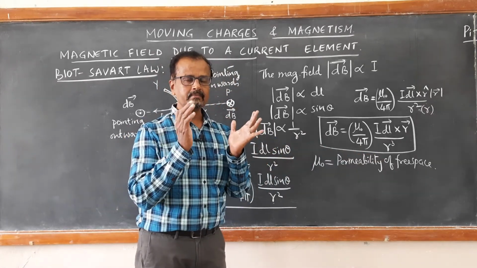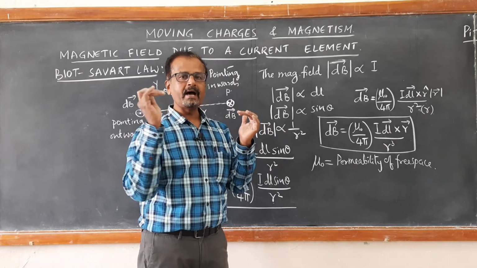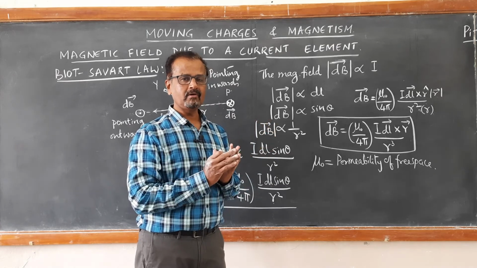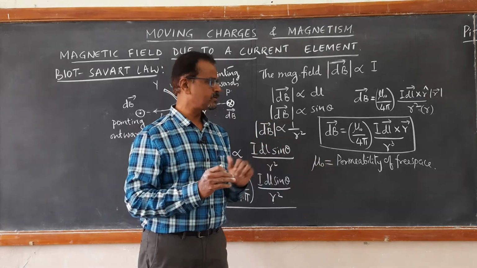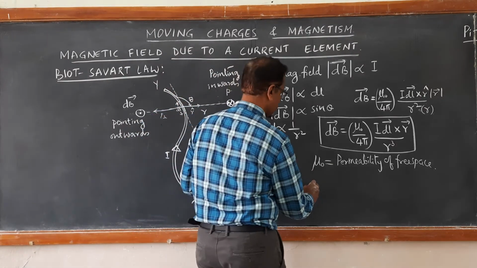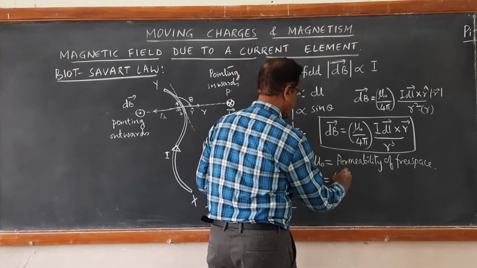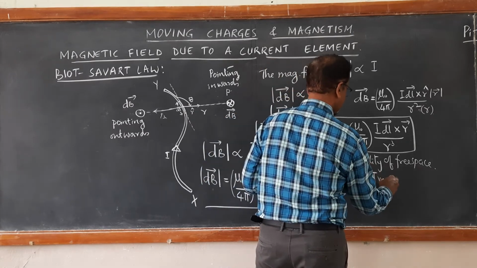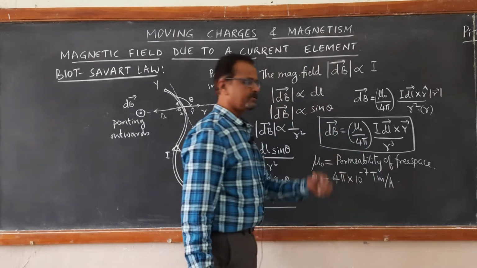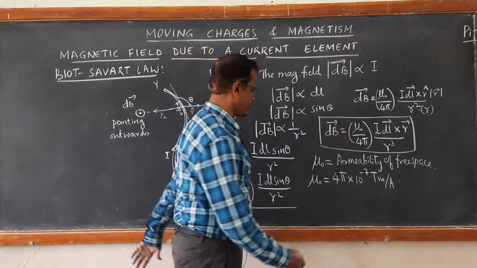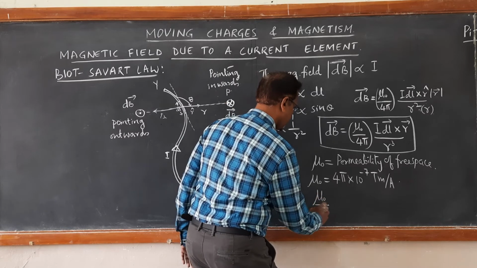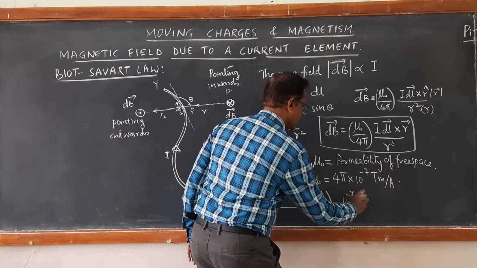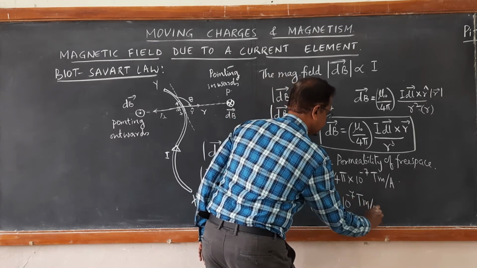How much that medium permits the magnetic field lines, that is what we call the permeability of the medium, and in this case permeability of free space. And this value is given by 4 pi into 10 to the power of minus 7 Tesla meter per ampere. Therefore, mu naught upon 4 pi, you can just remember, becomes 10 raised to minus 7 Tesla meter per ampere.